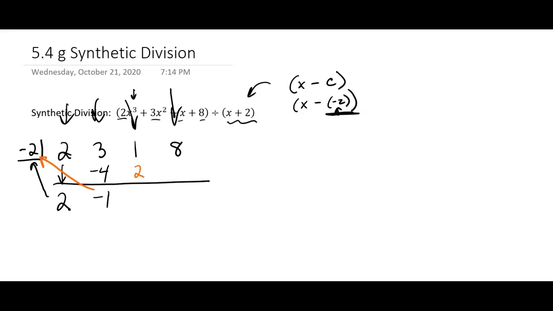That's going to get me a 2. And then I add. Then I take the 3 times the negative 2, which is negative 6 in this case, and I add. Okay? And then whatever that last number is, I usually put a box around that too.